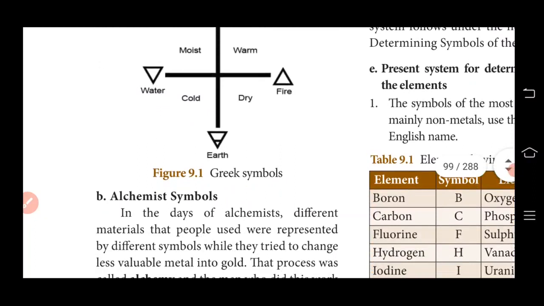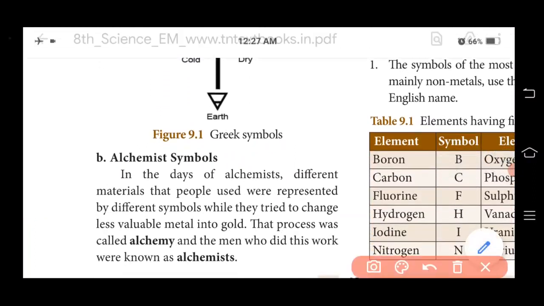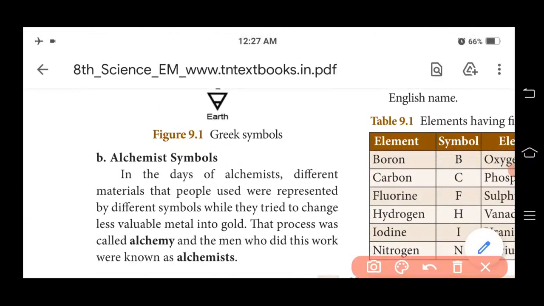And then alchemist symbols. Alchemists were the people who tried to change less valuable metals into gold, and that process was called alchemy. The men who did this work were known as alchemists.